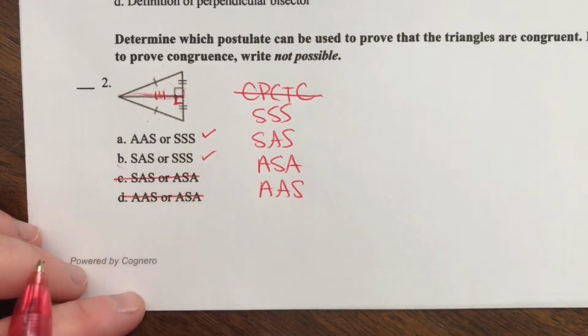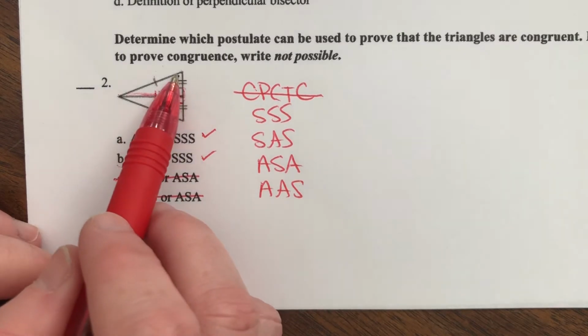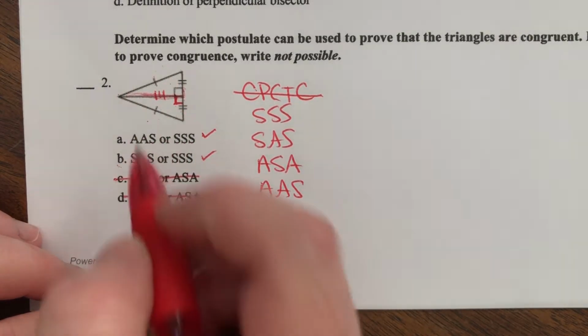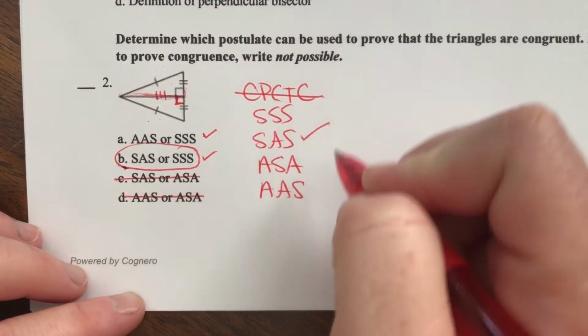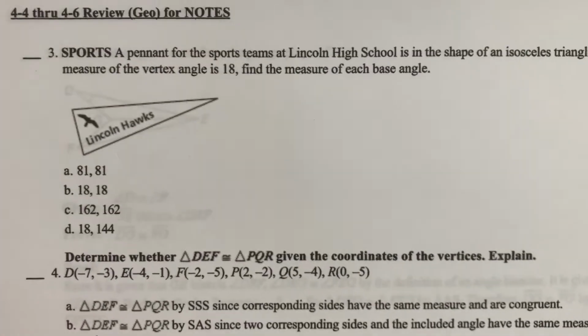So SAS. To have angle, angle, side, I'd have to know that 2 angles are congruent. These 2 are not marked congruent. These 2 are not marked congruent. So it has to be side, angle, side. So we have this guy and this guy. Done, easy peasy.